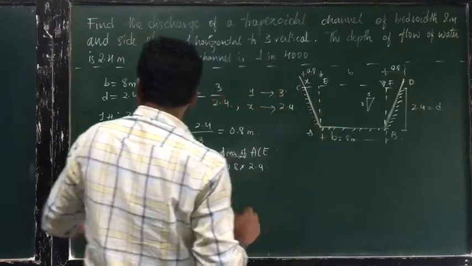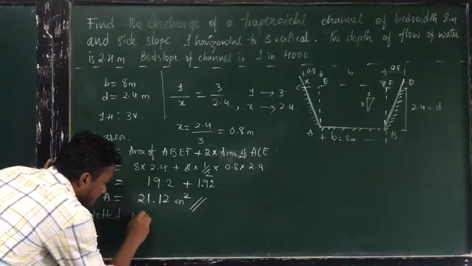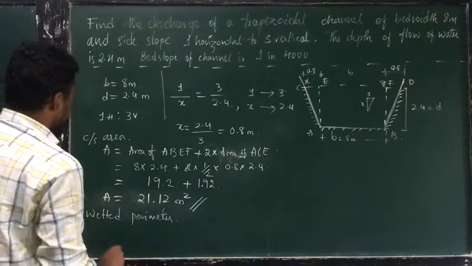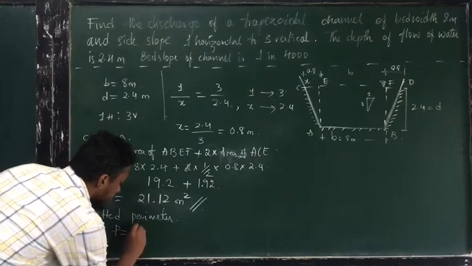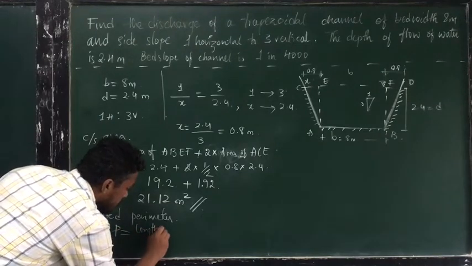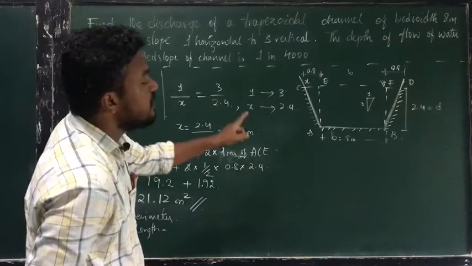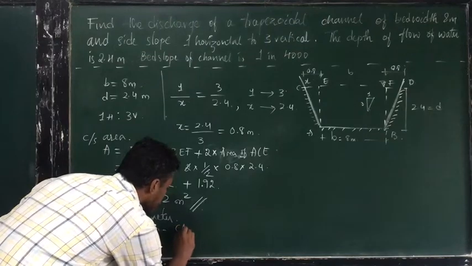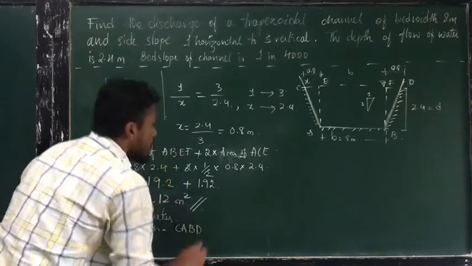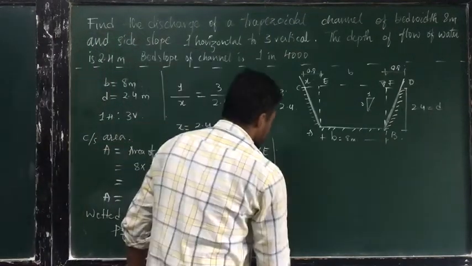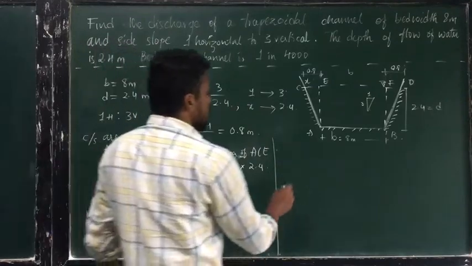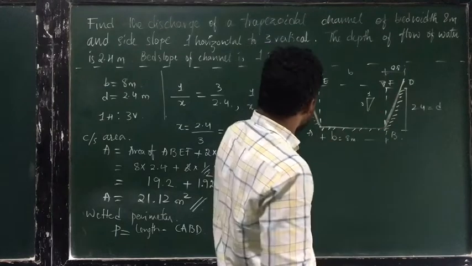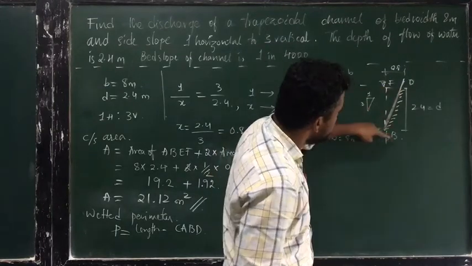So wetted perimeter P is equal to length CABD. So to calculate this whole length, we should know what is CA, which is equal to DB.